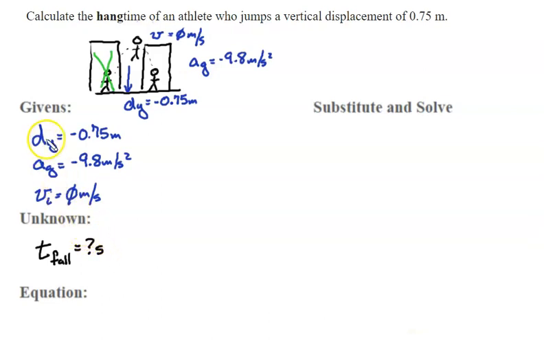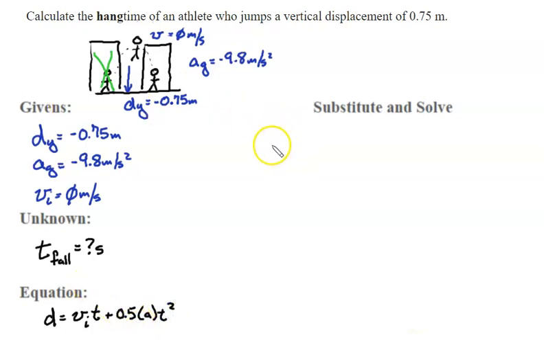Let's see, I need to find an equation that deals with distances, accelerations, velocity initials, and time. So I'm going to go d equals velocity initial times time plus 0.5 times acceleration times time squared.